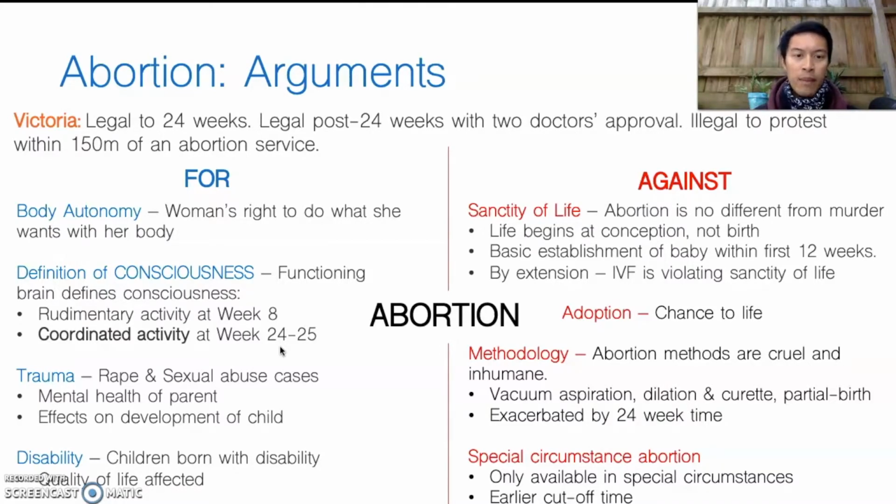So the basic establishment of the baby already has happened within the first 12 weeks, and by extension, people who argue sanctity of life would also argue against processes like IVF, in vitro fertilization, because in many ways, IVF is also violating sanctity of life. In IVF, what they do is they are combining artificially the sperm and the egg together in a test tube or a vial, and then they will implant it into the female for it to grow into a baby.